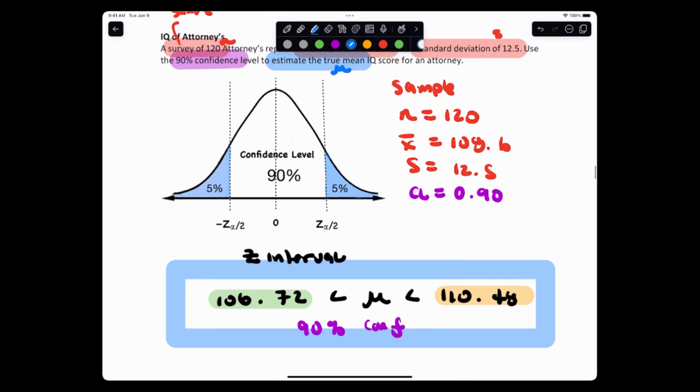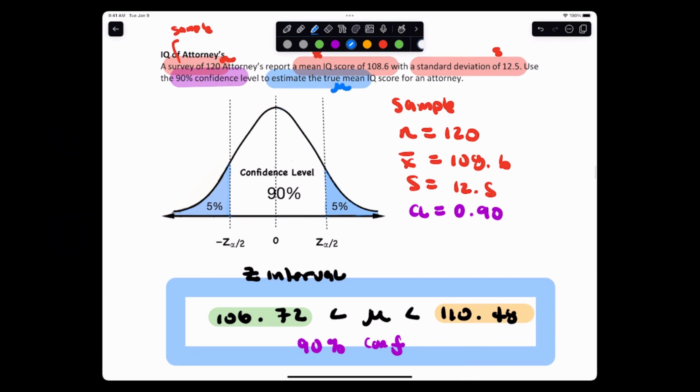Anybody have any questions on this one here? Yes. If we were to give this answer on a test, would we have to not only put 106.72 less than mu, less than 110.48, but also state with 90% confidence, and would we lose points otherwise? No, you don't, but I want to talk about what it means because that's important too.